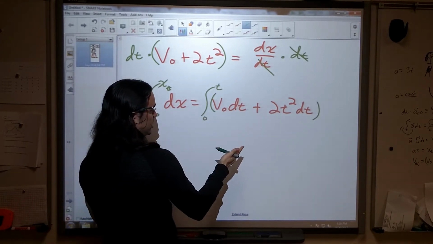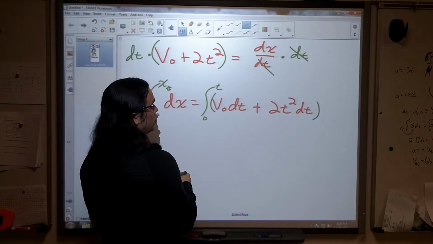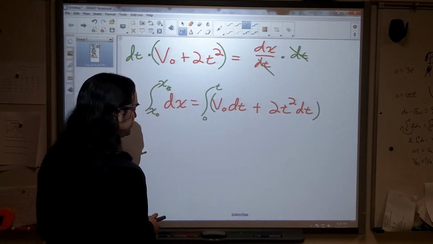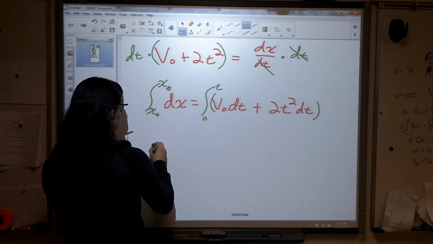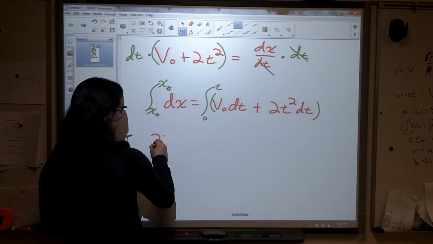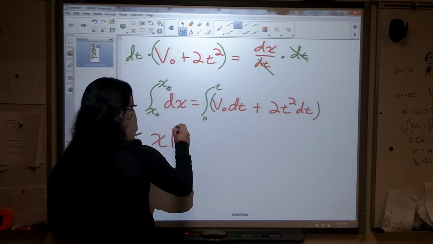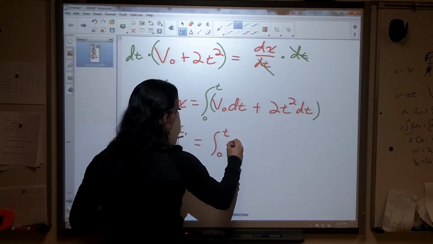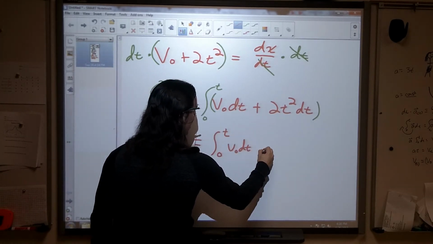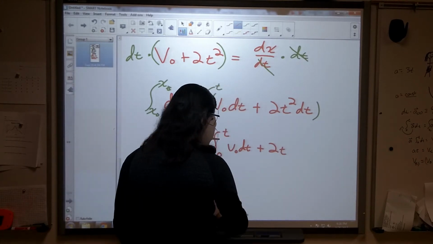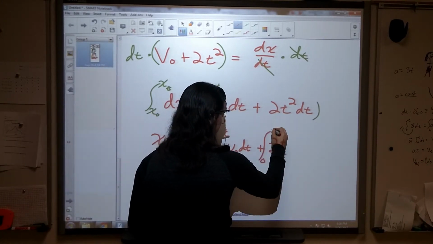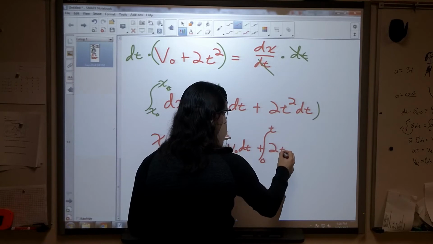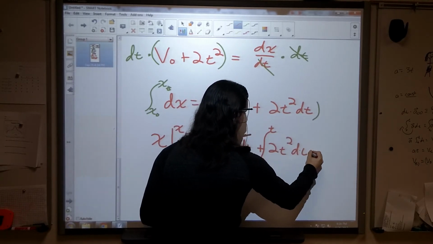Our initial time is going to be 0, all the way up to whatever time we want, which is t. This is going to become x evaluated from x naught to x final equals the integral from 0 to t of v naught dt plus the integral from 0 to t of 2t squared dt.